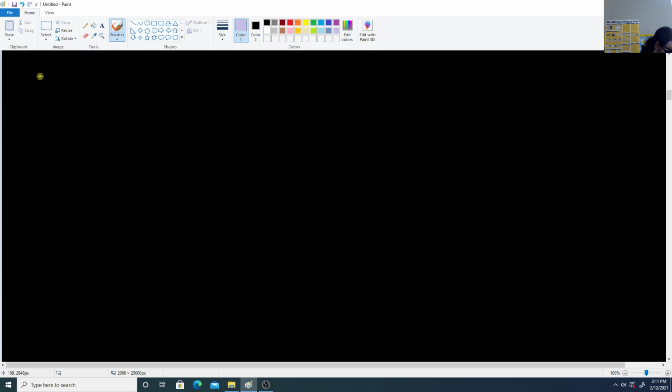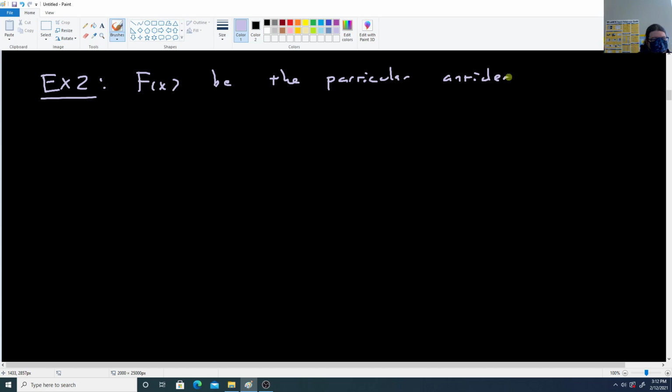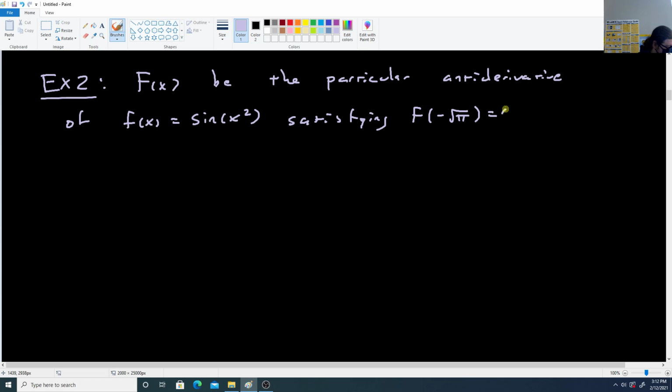All right, for this example here, example 2 from the book, we're going to let capital F of x be the particular antiderivative of f of x equals sine of x squared, satisfying that F of negative square root of pi is 0.